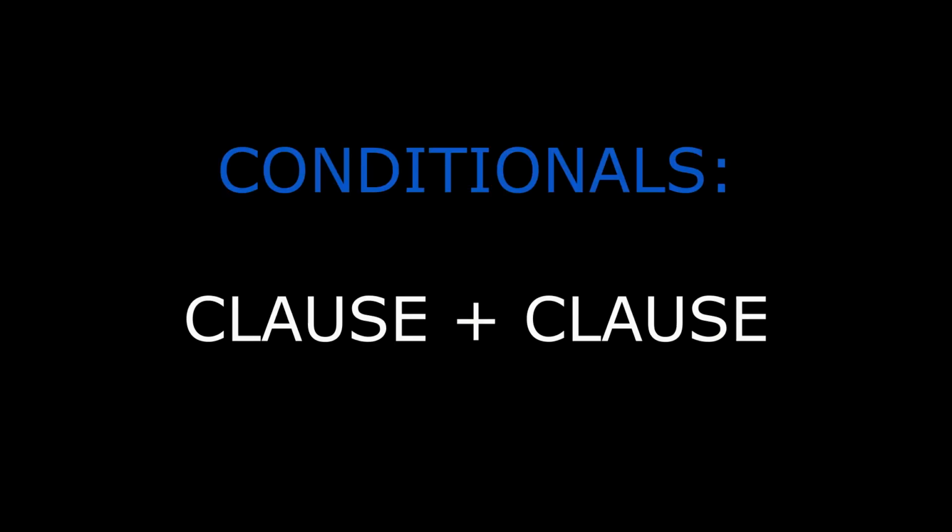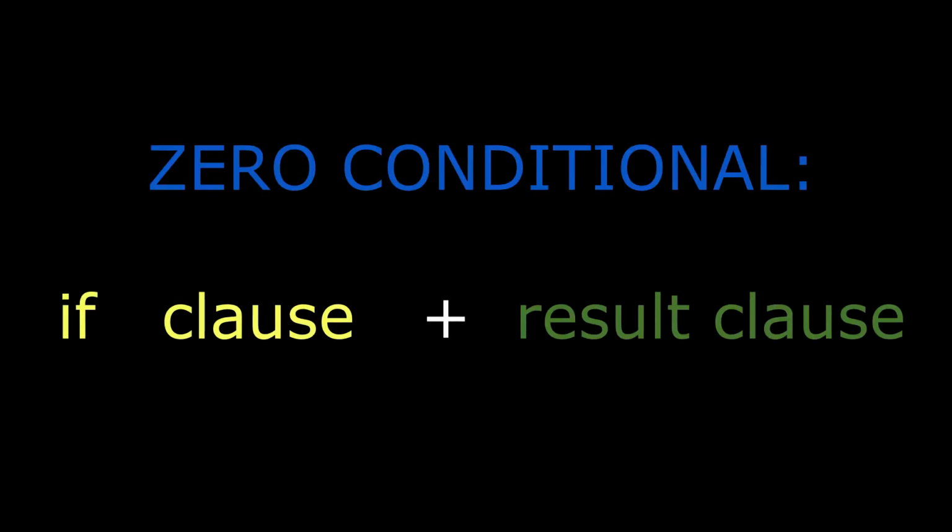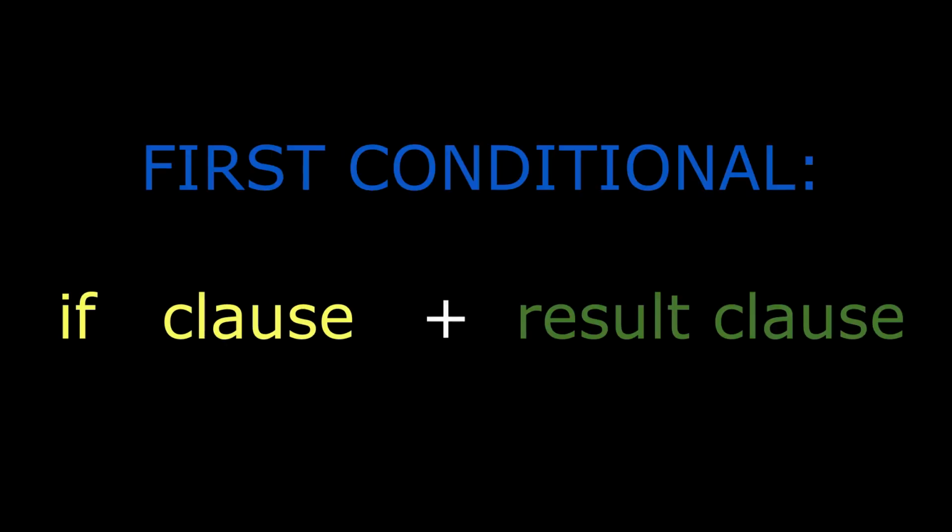At this point, it is very important that we state conditionals always have two clauses, an if clause and a result clause. Zero conditional has two clauses, if clause and result clause. First conditional has two clauses, if clause and result clause.